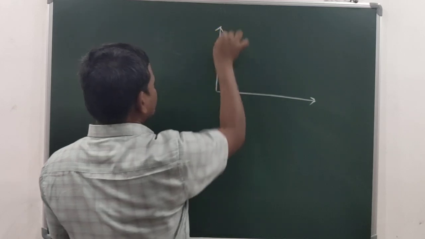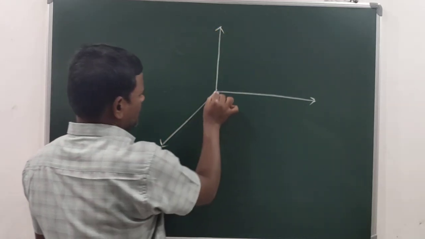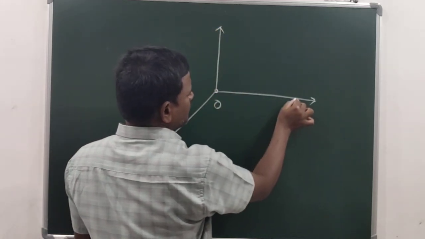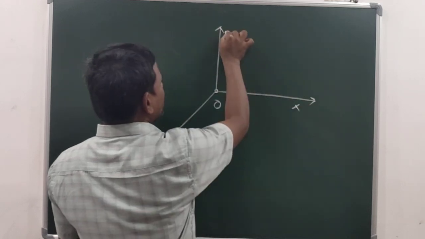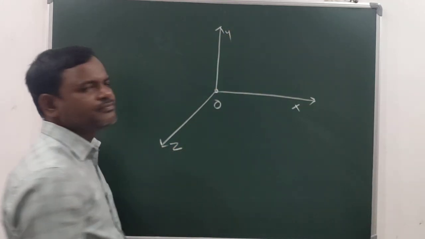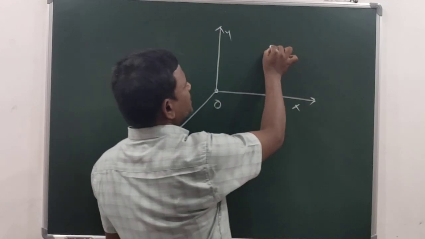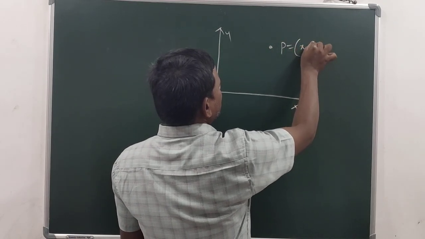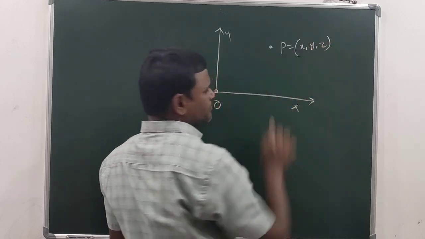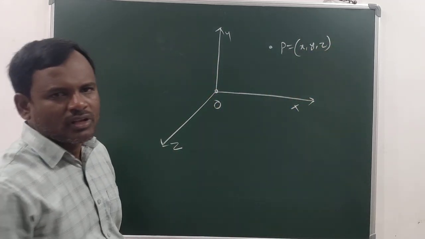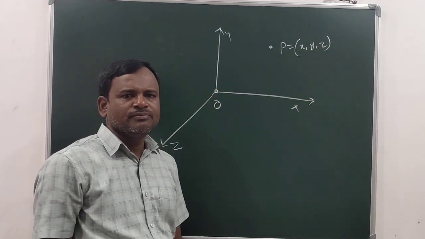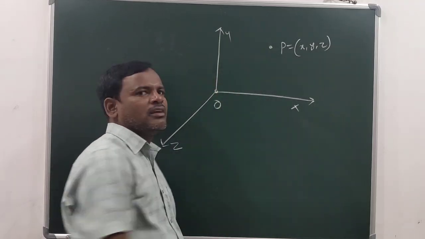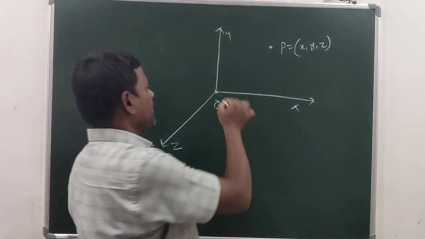See here, this is the x-axis, y-axis, z-axis. Now in the space there is one point P whose coordinates are x, y, z. Now I am asking you to write the vector component of OP.